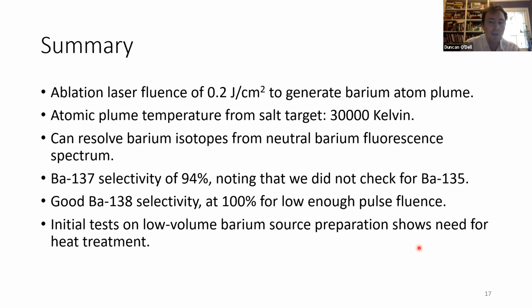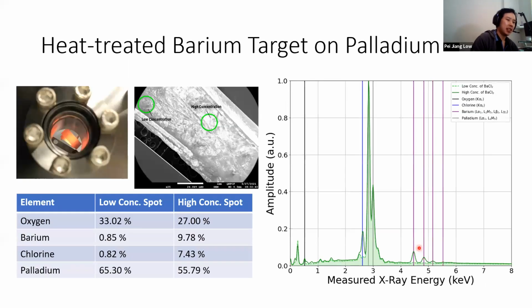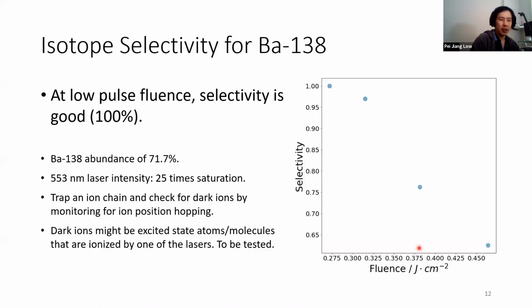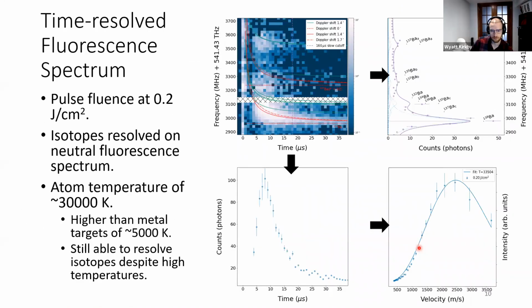When you get such high temperature ions, I presume your normal laser cooling systems are not designed to work with that high temperature, or can they work fine? Those high temperature atoms, I suspect we cannot trap them to begin with.